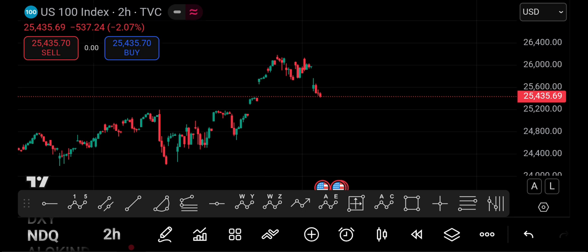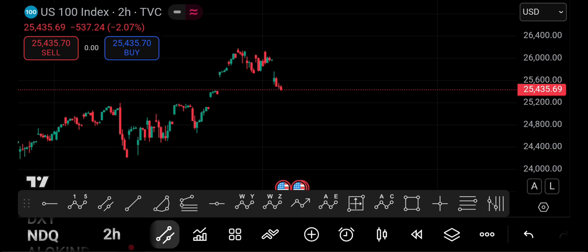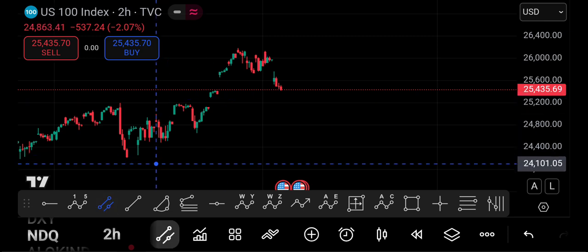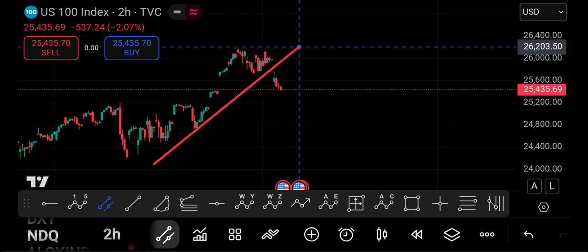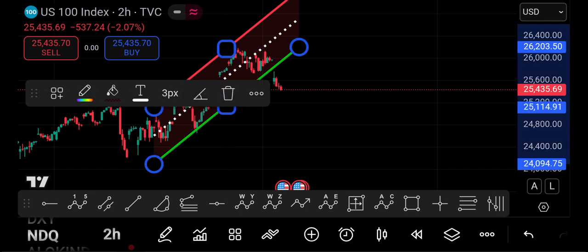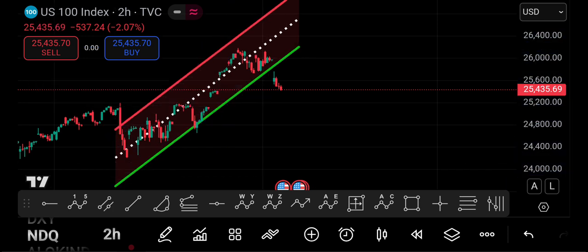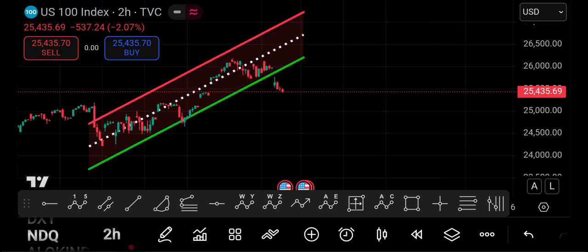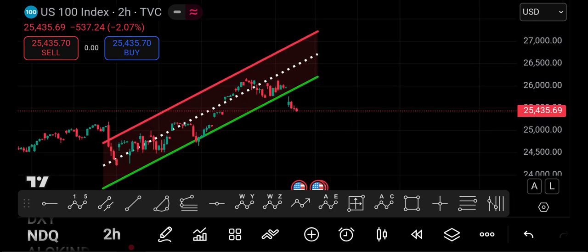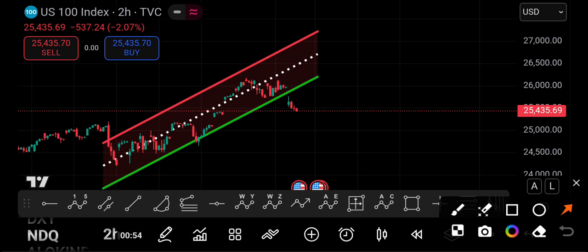My dear friends, if you take a closer look over here, this was a bottom where the index gave a massive rally in the form of an upward sloping parallel channel. As long as the index was trading in this upward sloping parallel channel, there were back to back higher highs.